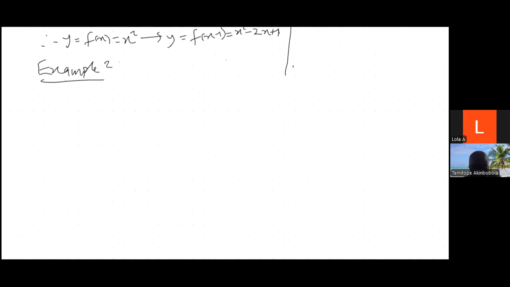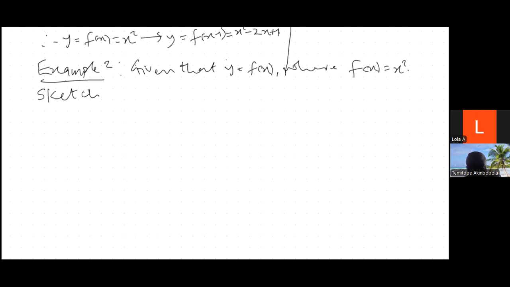Now for example 2, I'm still going to use the same function. This time the question says, given that y equals f of x, where f of x equals x squared, sketch the graphs of A, y equals f of x plus 2.